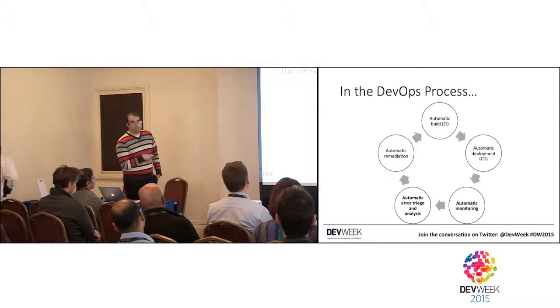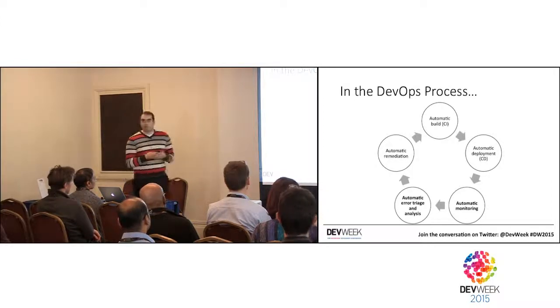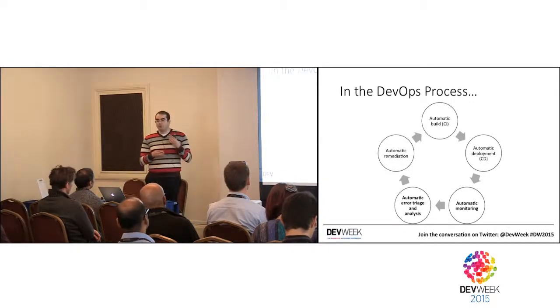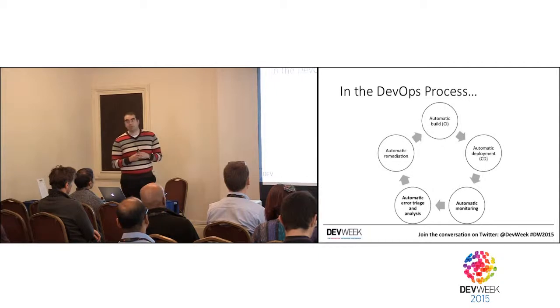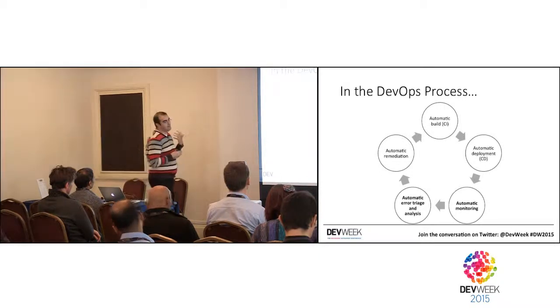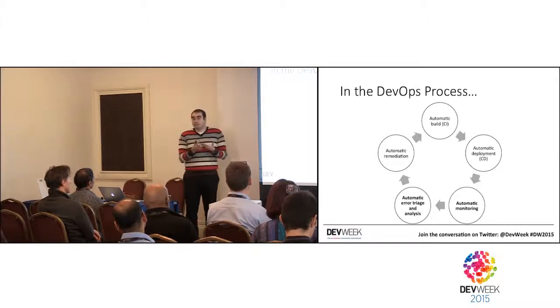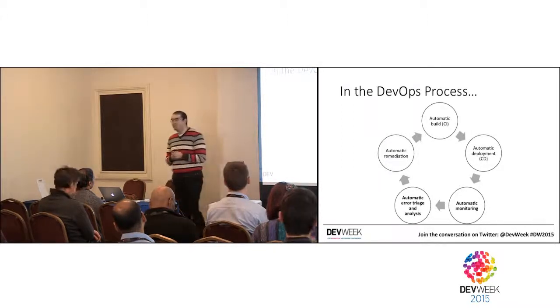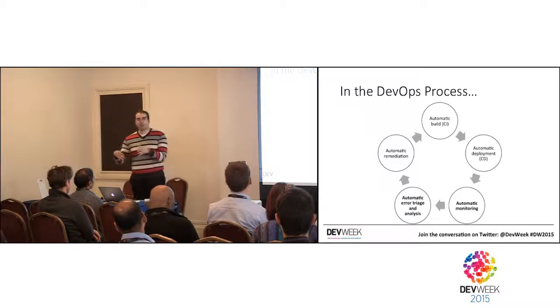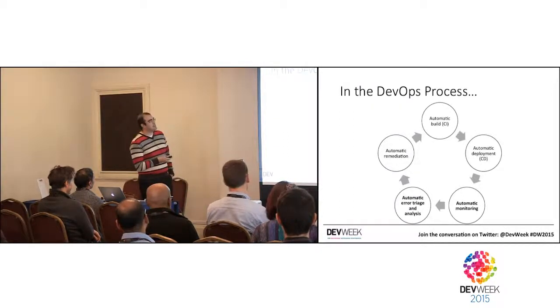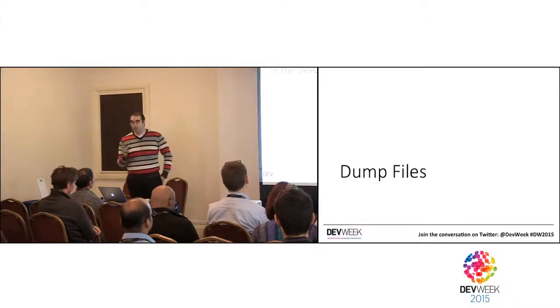But you also want, and this is what I'm trying to show you, automatic monitoring and automatic error analysis, so that whenever something goes wrong, there is a process in place to capture this information, extract it from the production system, and do some initial analysis. And the next step would be to fix the problem automatically. To some extent, it's doable, but occasionally we do have to write code by hand in an editor and compile it. So that's again out of scope for us.